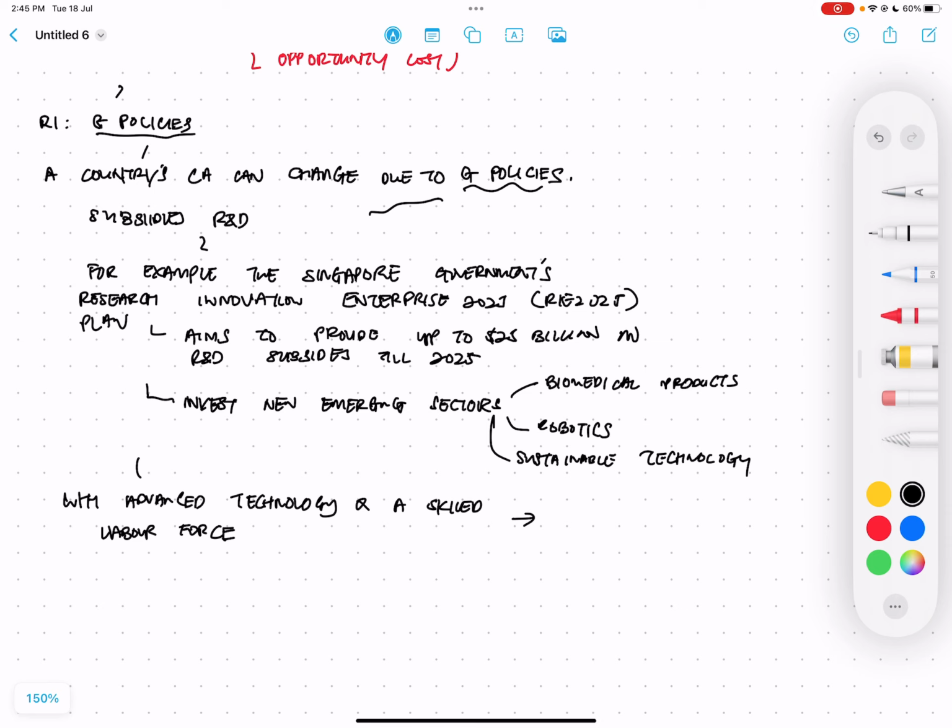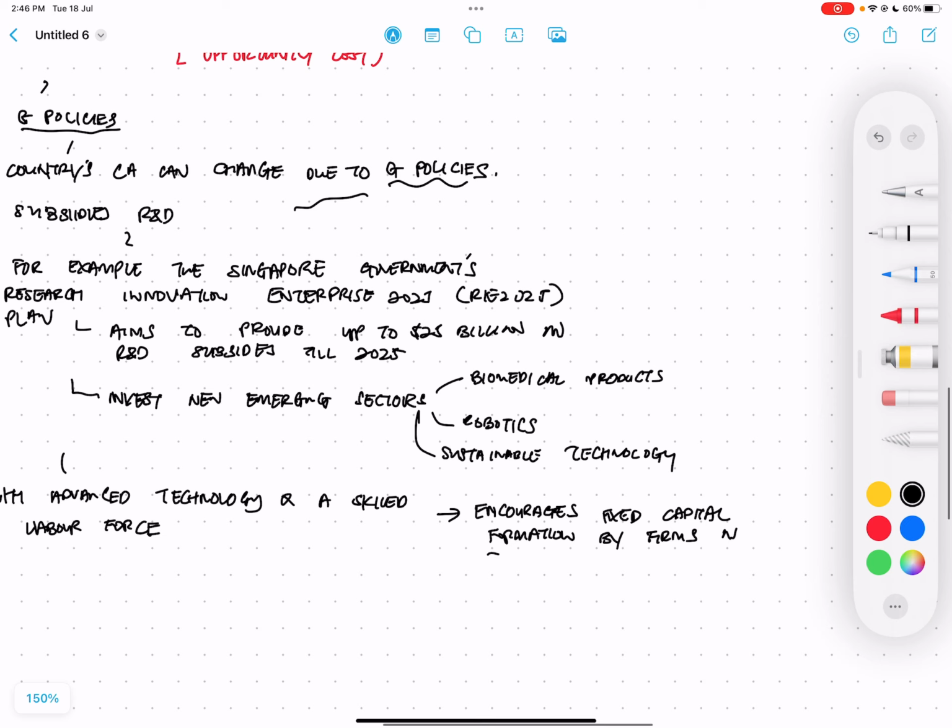One is that we're going to try to link the factor endowment first. So we can say that it encourages fixed capital formation by firms in these sectors.